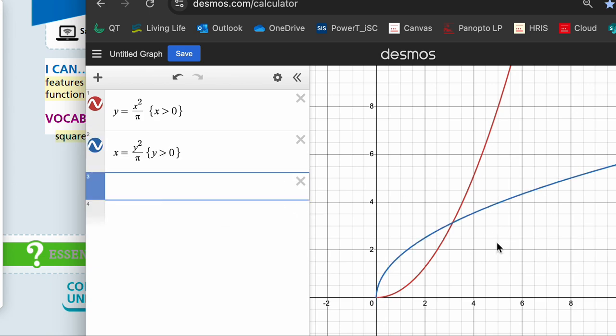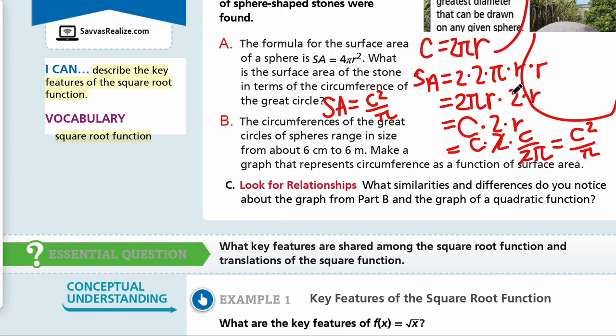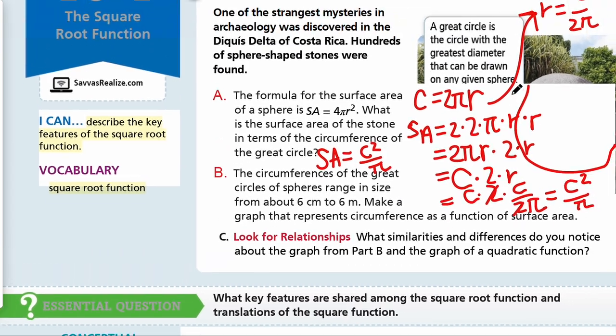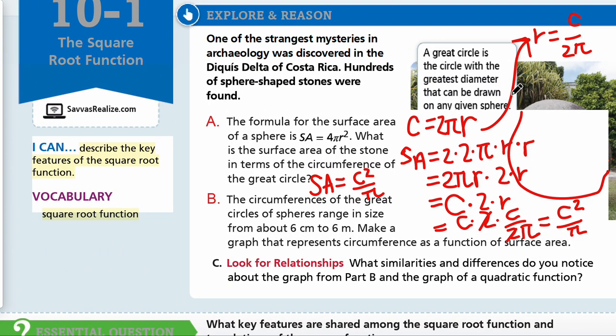Then now we have a square root function. Do you see that? Yeah. So this is when the circumference is the function, it's the y, it's the output. This is when the circumference is the input, and then we have a surface area, right? So this is how it's related. The square root function is related to the square function.